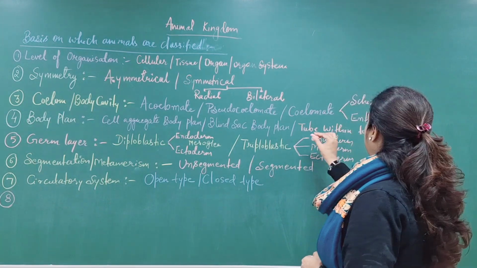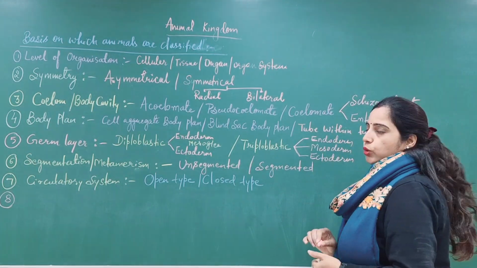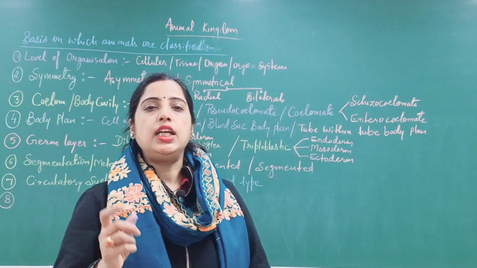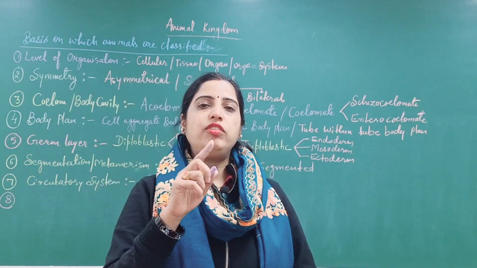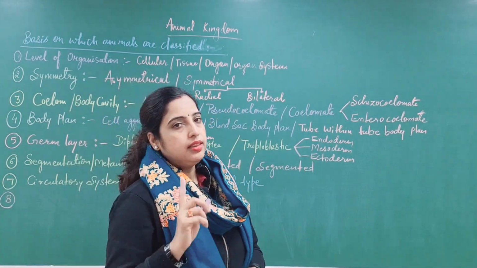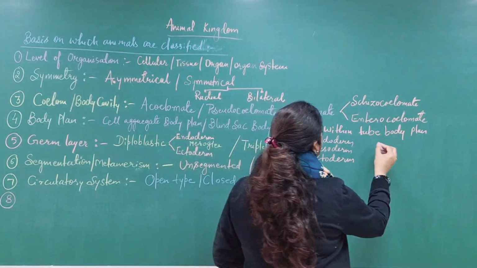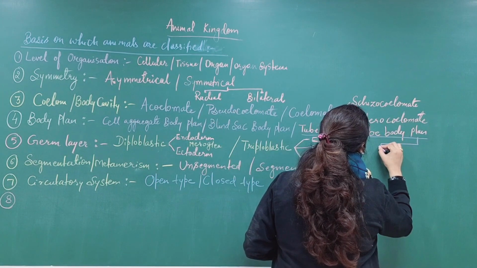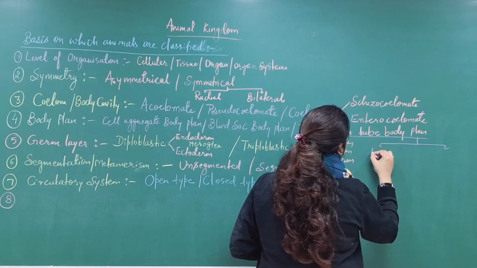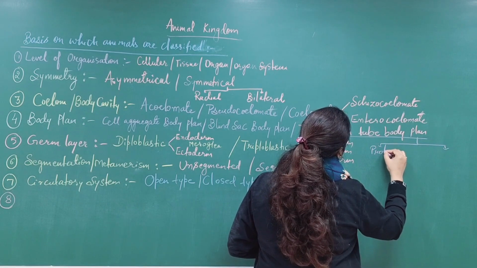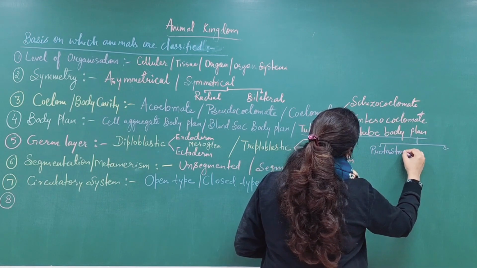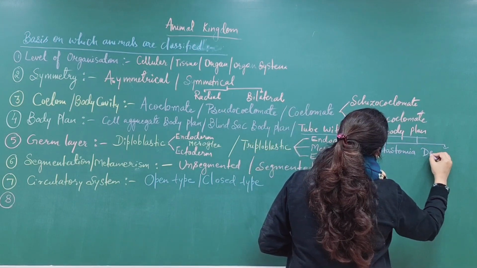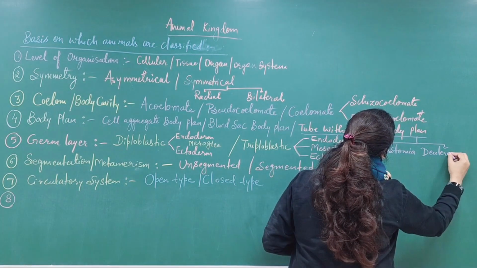Just tell me about the tube within a tube body plan. There is a question for you. In the tube within a tube body plan, there will be two openings in the body, the mouth and the anus. Do you know that on the basis of this, if the mouth develops first, they will be called protostomia, and if the anus develops first, then they are called deuterostomia.